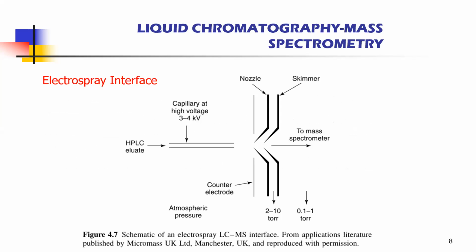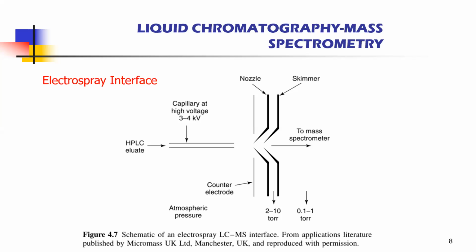We will see the schematic of the electrospray LCMS interface system. We have a nozzle and skimmer, and the flow of HPLC eluate will take place through this nozzle and skimmer, with a capillary attached to a high voltage supply of around 3 to 4 kilovolt. We have a counter electrode placed in front of the HPLC eluate.